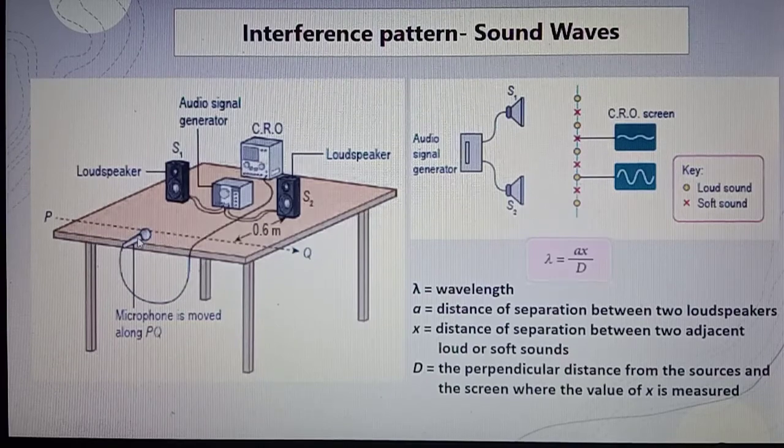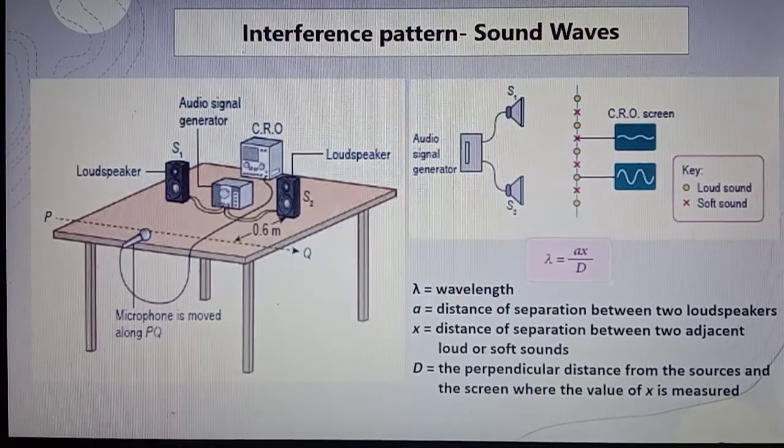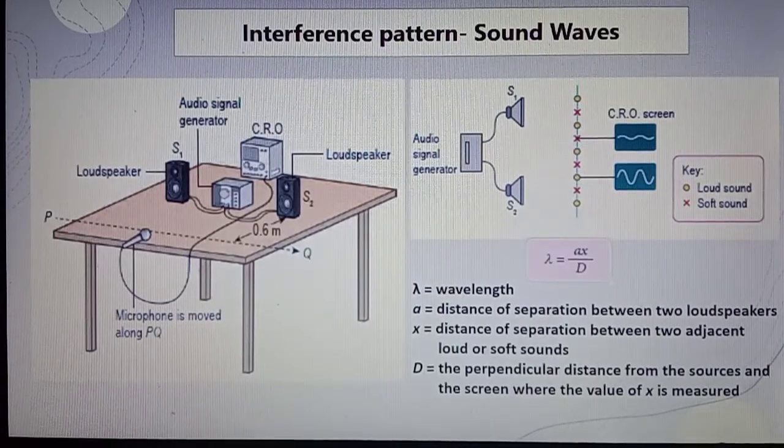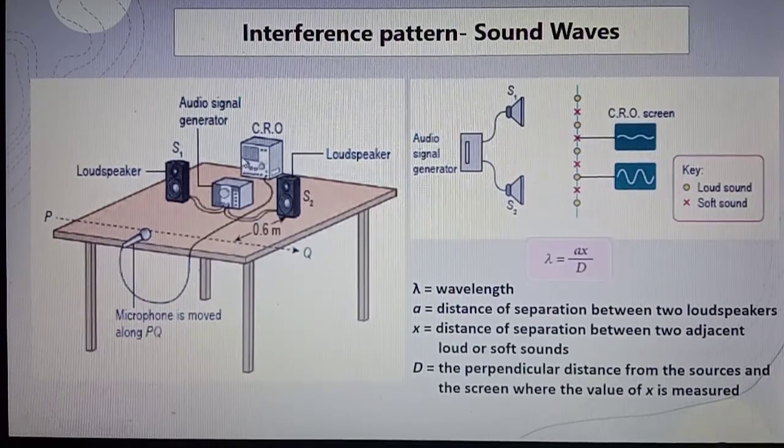Along the line, we bring a microphone connected to the CRO. A CRO is a device that shows the signal or waveform of the sound that is received. We move the microphone along this line so you can observe the pattern of the waveform produced on the screen of the CRO.